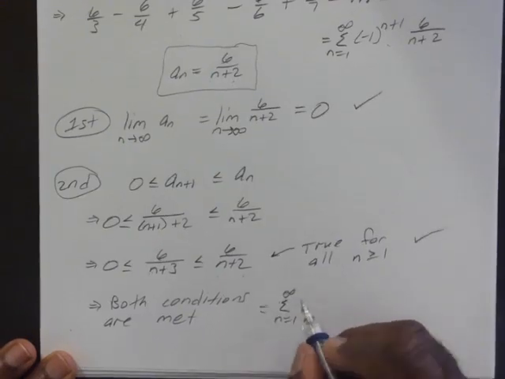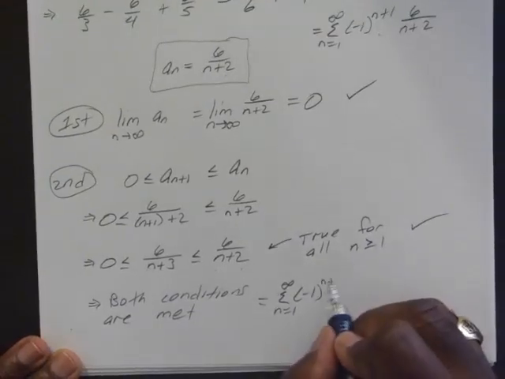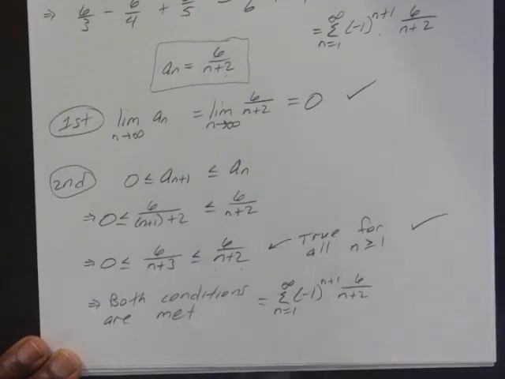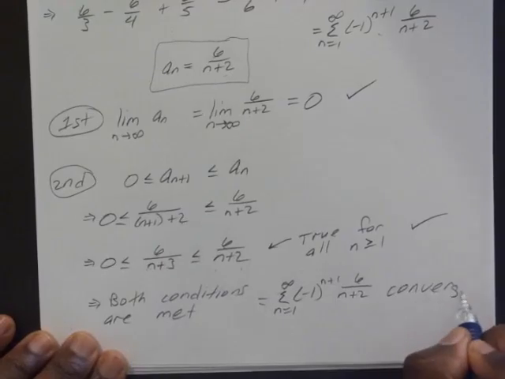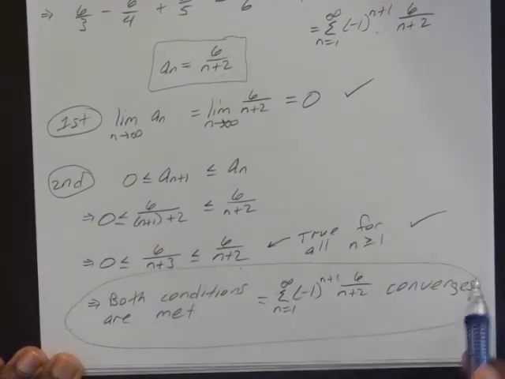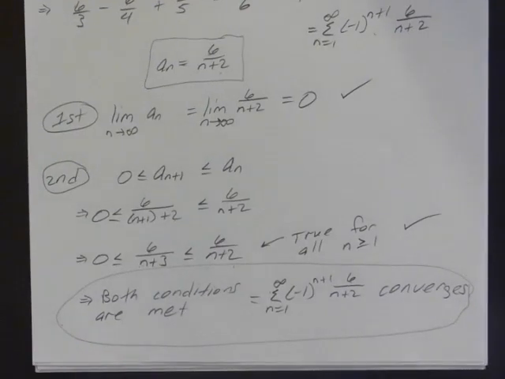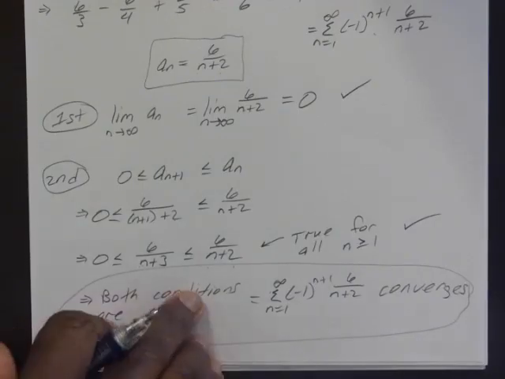Sum from n equals 1 to infinity, -1 to the power of n plus 1 times 6 divided by n plus 2 converges. All right, any questions on that one?